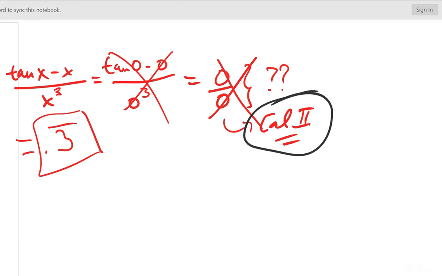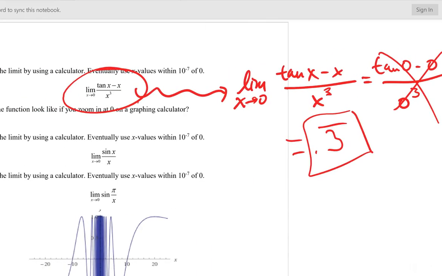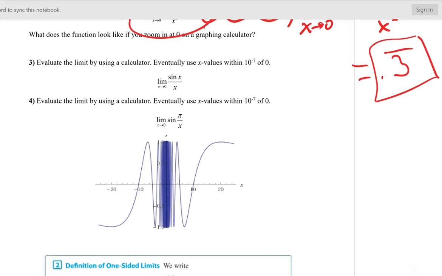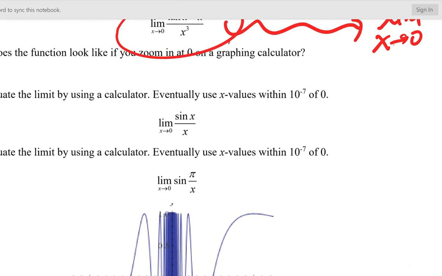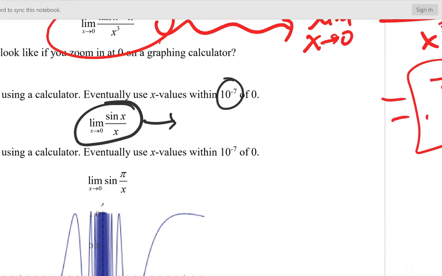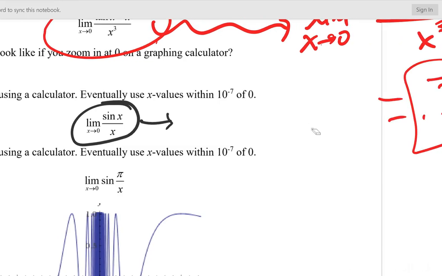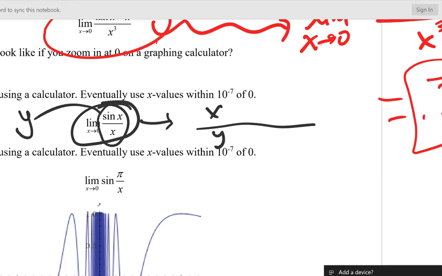Now, while we're at it, what I want to do is look at this guy right here, sine x over x, all right? What I want you to do is try this on your own. It's a nice test problem. We're going to call this y, with x versus y.